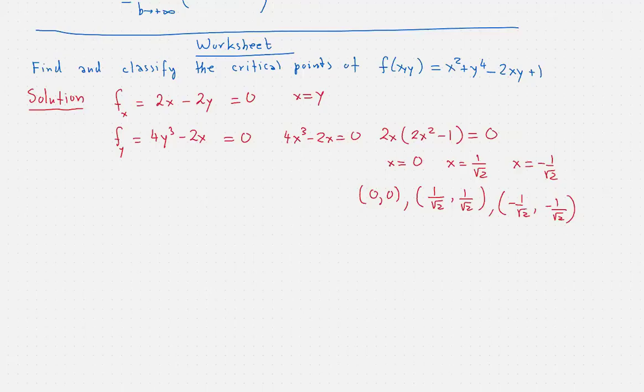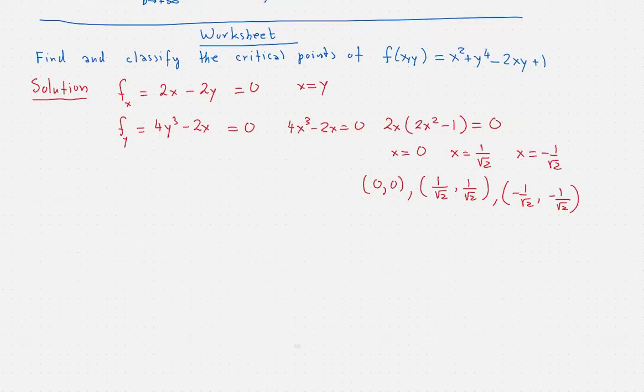So in order to classify these critical points, we need to take the determinant of the second partial derivatives. So let's find them. f xx is equal to 2. f xy is equal to negative 2. And f yy is equal to 12y squared. Okay, so let's start with the point (0, 0).